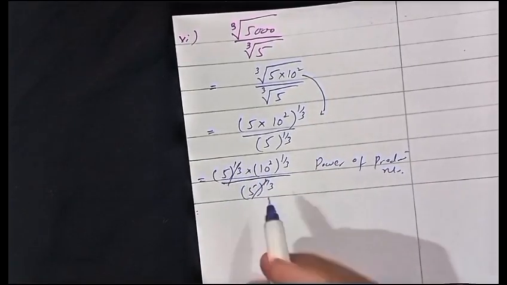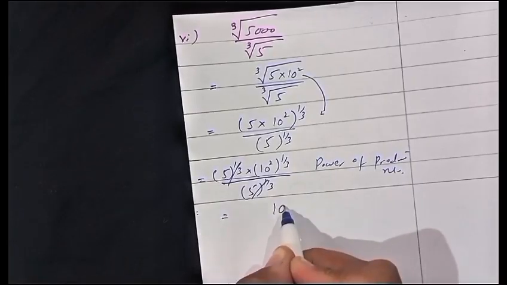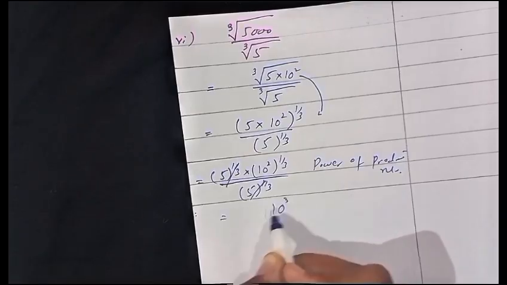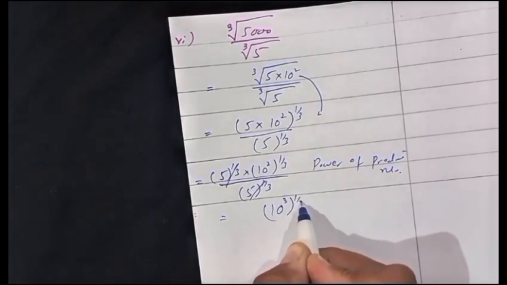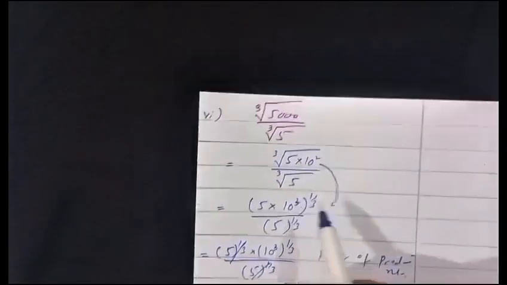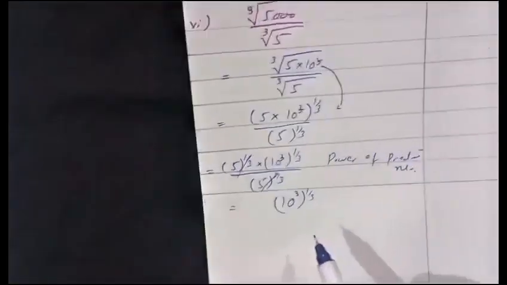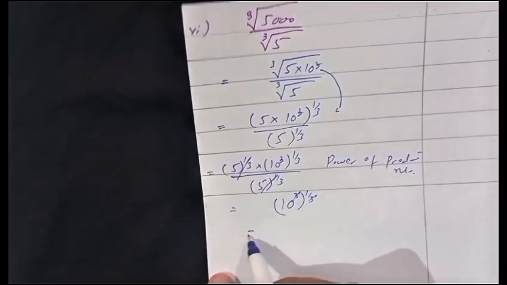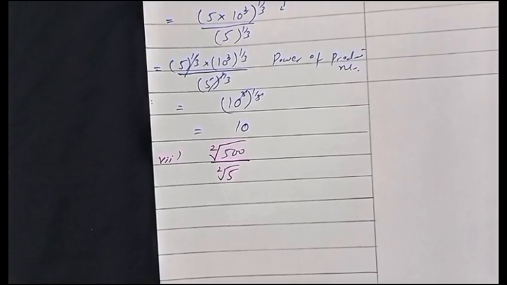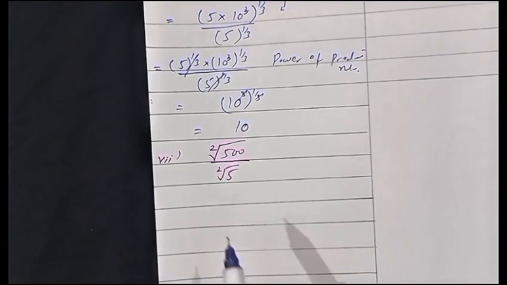Now the two exponential expressions are the same, so we cancel them. This is 10 cube, whole power 1 by 3. Now the powers cancel each other and the final answer is 10.